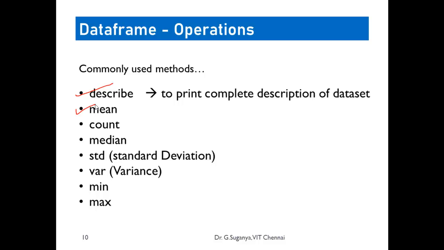You have mean to find the mean of a column, count for how many entries there are in a column, and median. Mean, median, and mode are all important statistical concepts. The standard deviation, variation and variance can also be found, and similarly you can find the minimum and maximum value among the attributes.